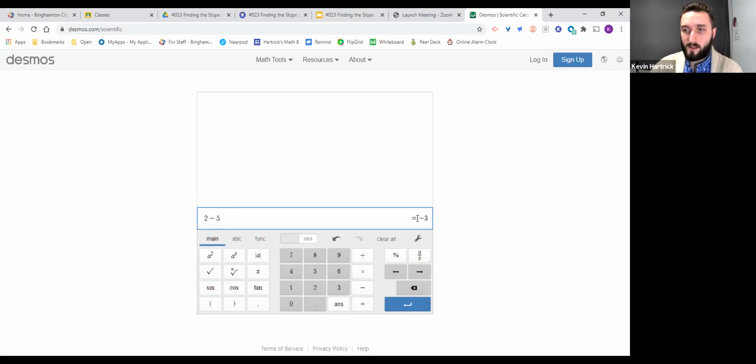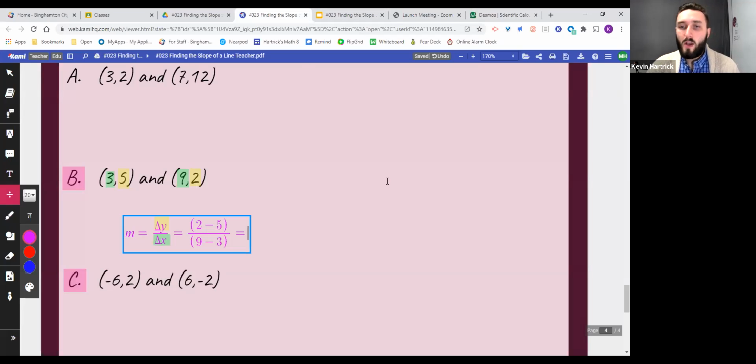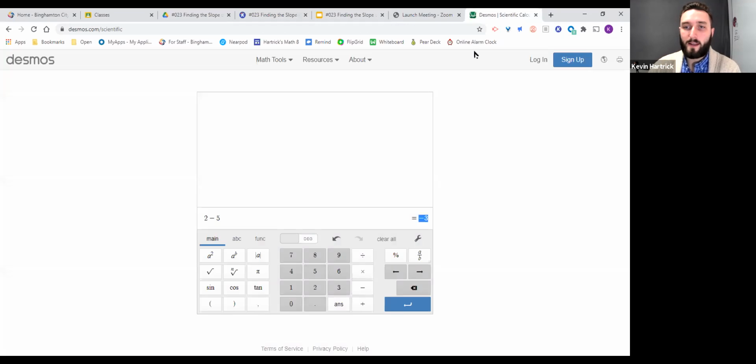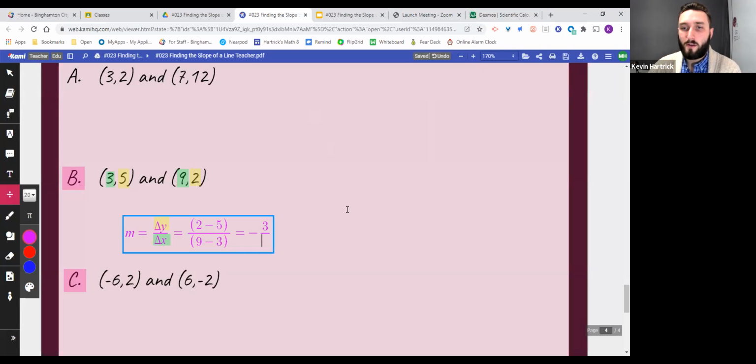Is 2 minus 5 positive 3, or no, it's negative 3. So this is a negative 3 on top. And on the bottom, I'm doing 9 minus 3. I can check that in my calculator again just to make sure. But 9 minus 3 should give me a positive 6. So I have a positive 6 here. And that's my slope so far.